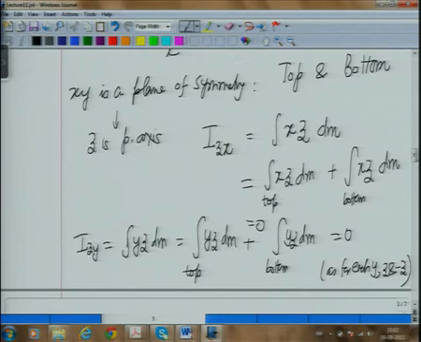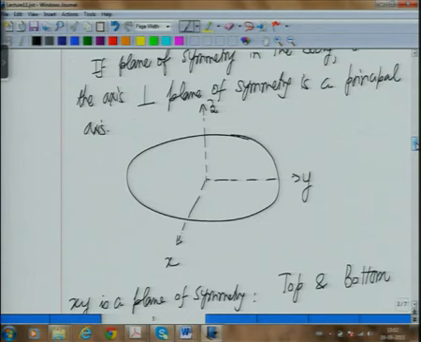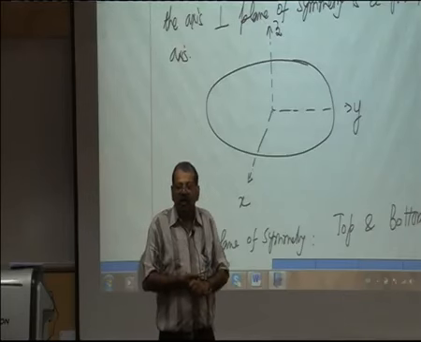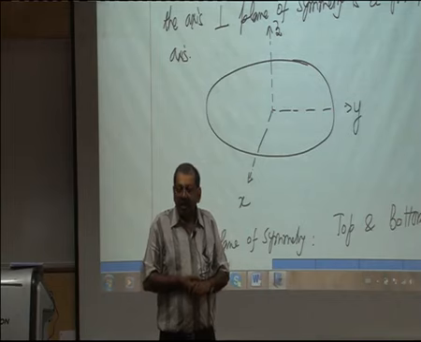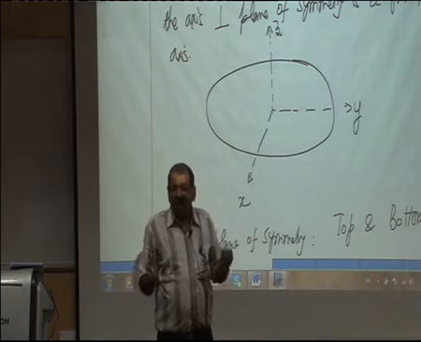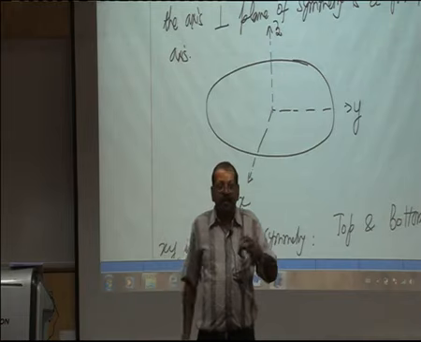Okay. So in this case, when I look at this body, xy is a plane of symmetry. Now, yz is also a plane of symmetry. That means x is a principal axis. If x is a principal axis, what is 0? Ixz and Ixy. So therefore, all three axes are principal.